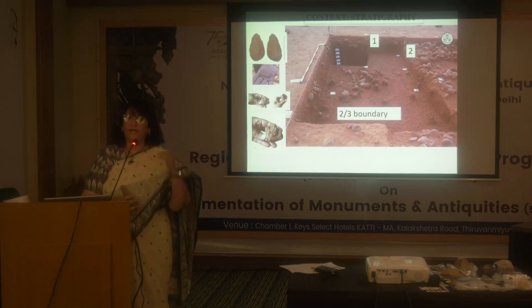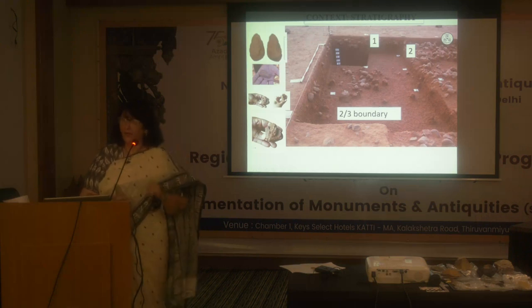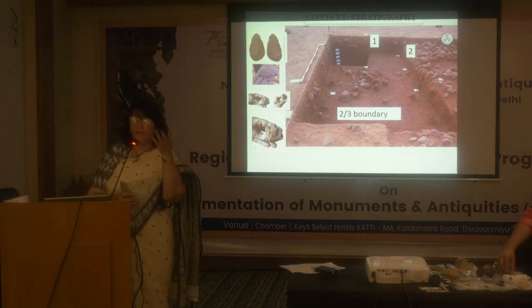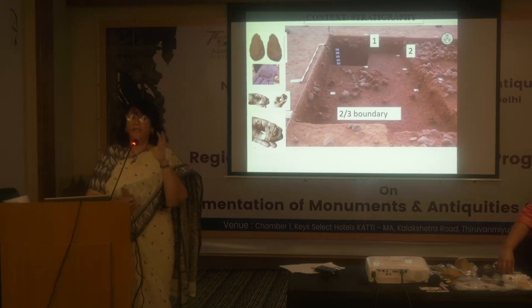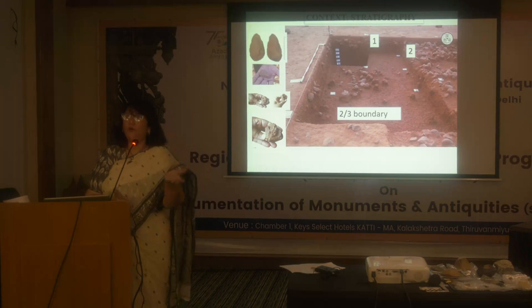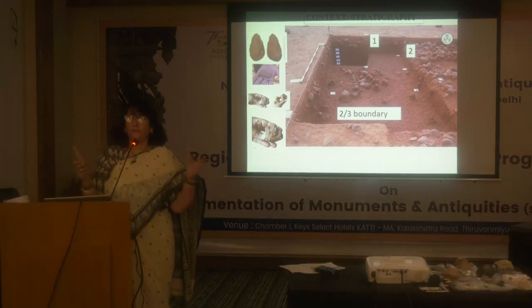You have blades actually starting in the Middle and continuing onwards through time. You have roughouts of celts or Neolithic axes which sometimes can be mistaken so much to be Acheulean hand axes that sites have been called Lower Paleolithic. Some of the Neolithic celt manufacturing sites have actually been termed Lower Paleolithic.